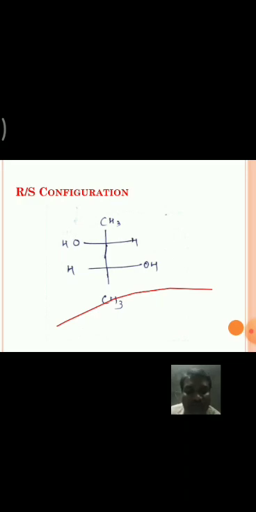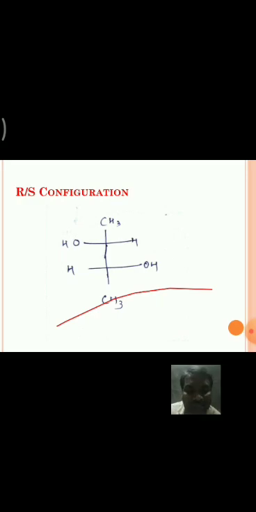If the 4th priority group is not on the hatched wedge, then exchange 2 groups so that the 4th priority group comes on the hatched wedge bond. Again 1 2 3 clockwise is R, counterclockwise is S, so that we can give R S configuration to wedge projection formula compounds.